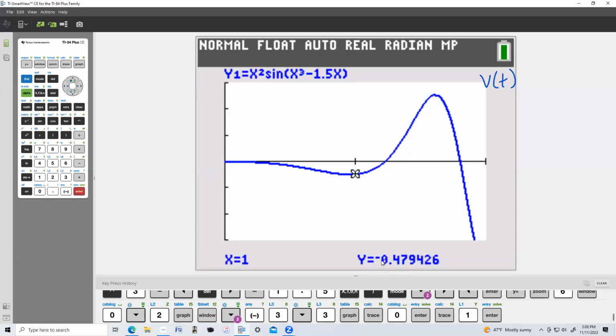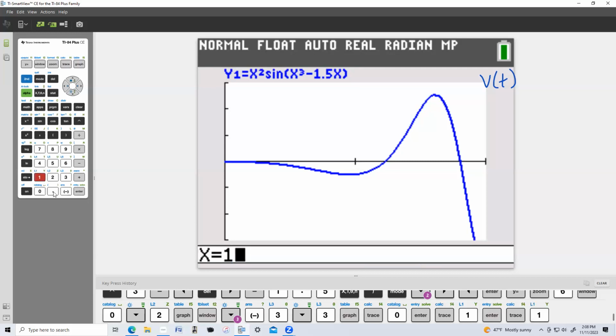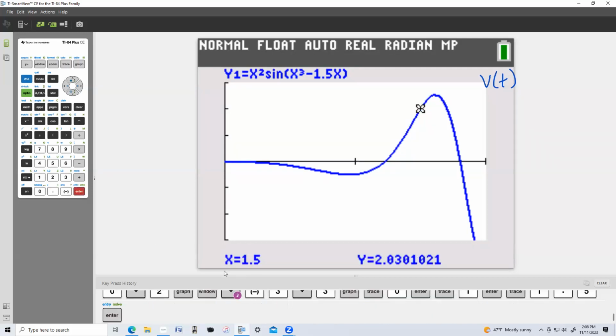Its velocity is negative, which would mean it's moving to the left. If I were to hit trace 1.5, enter, at 1.5 seconds the velocity is just over 2, which means it's moving to the right because 2 is positive.